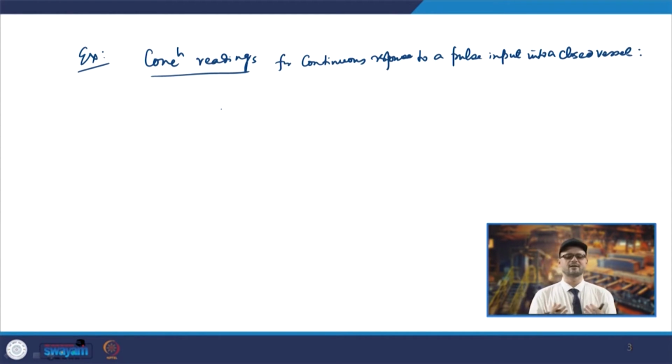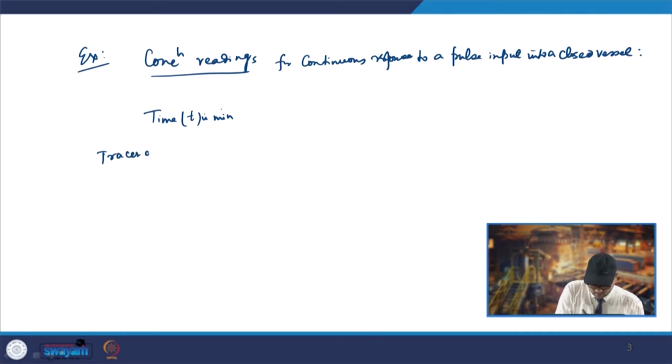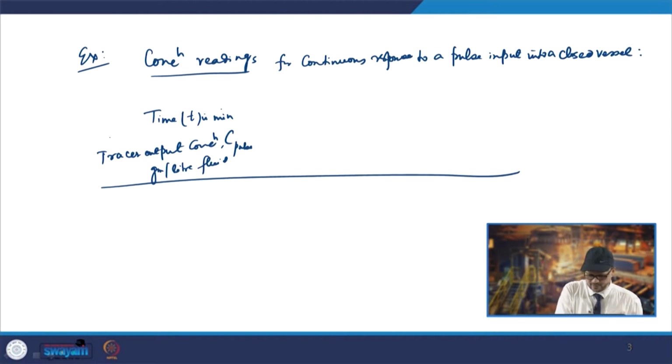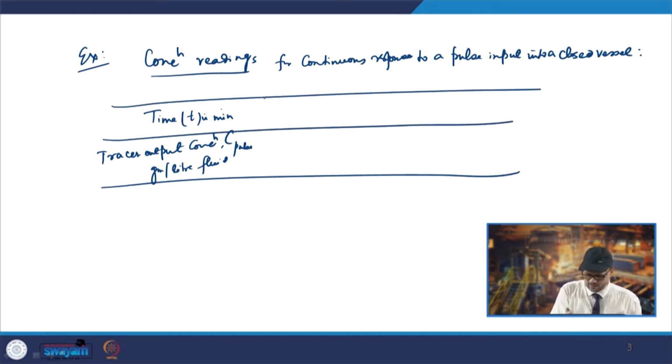For that there are readings of the concentration at different times. So, you have time t in minutes, and then you have the tracer output concentration, C pulse, in grams per liter of fluid. Suppose you have the values given to you.